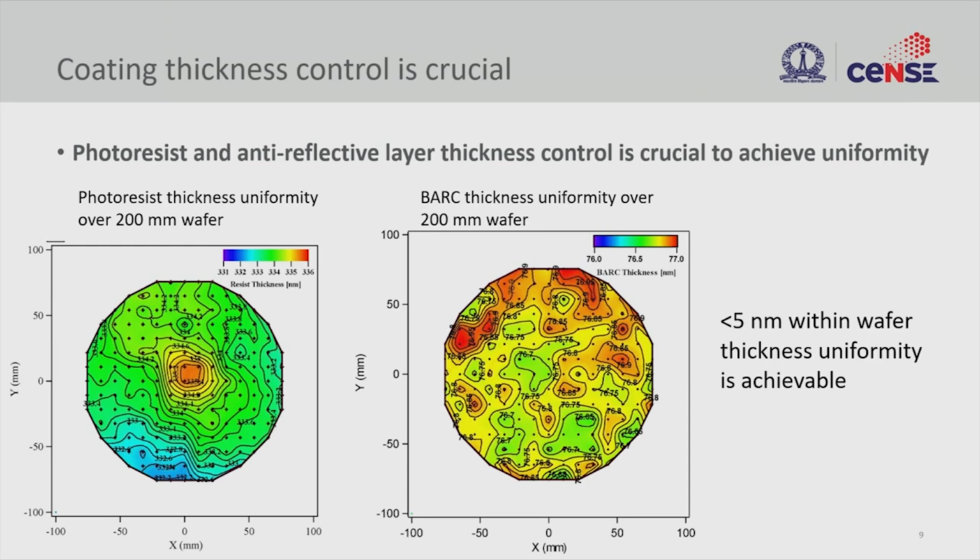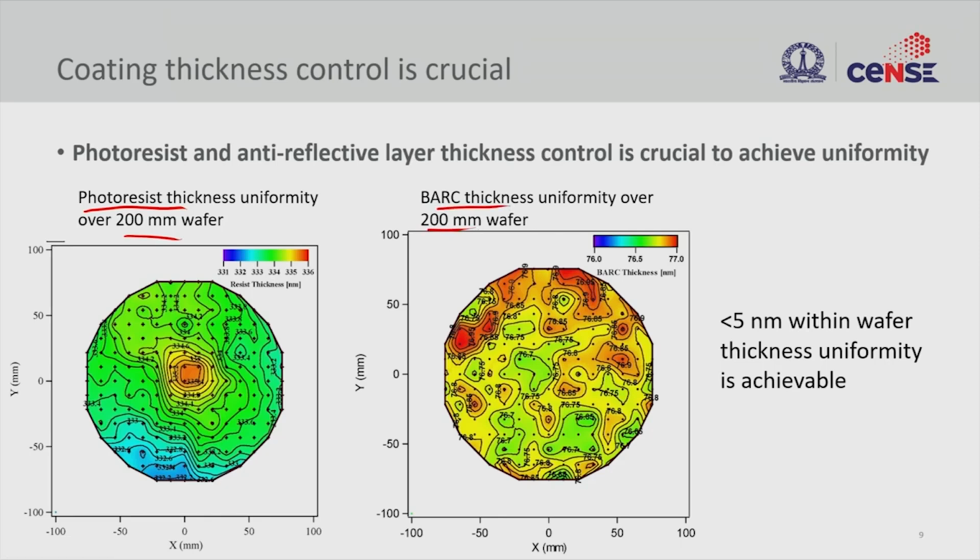You want to improve or to maintain a very high uniformity of thickness of photoresist and anti-reflective coating, but it is technologically limited. So what I am showing you here is a photoresist thickness variation over a 200 millimeter wafer, and this is BARC thickness variation over a 200 millimeter wafer.